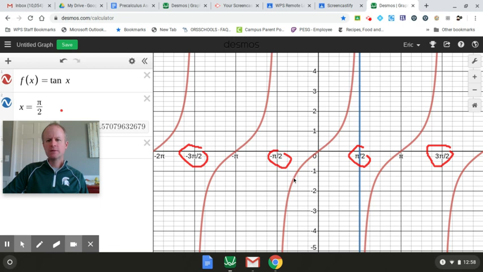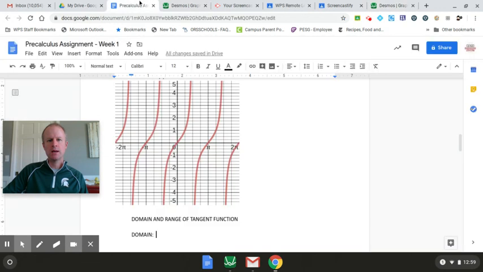Once I've thought about the domain, it looks to me like the domain might be all real numbers except these places where we have asymptotes. So what I will type in my domain, I'm going to keep things simple, and you can too right now.